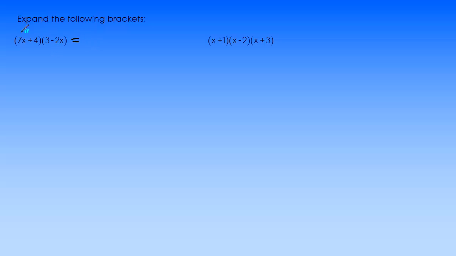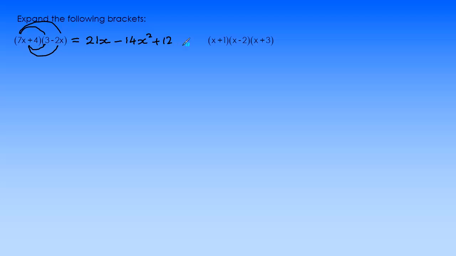Now, 7x multiplied by 3 is going to be 21x's. 7x multiplied by negative 2x, so positive times a negative is going to be a negative. 7 times 2 is 14. x times x is x squared. That's going to give us plus 12.